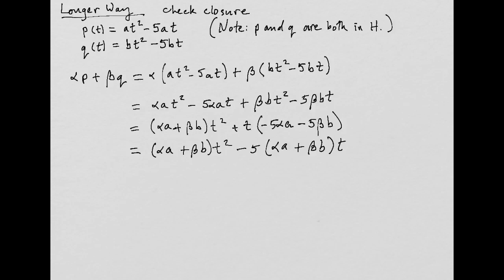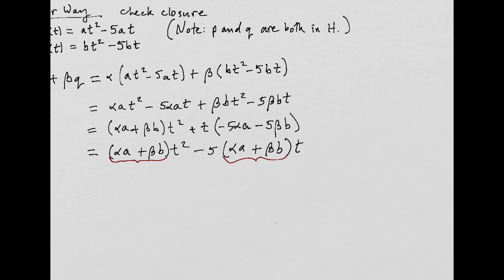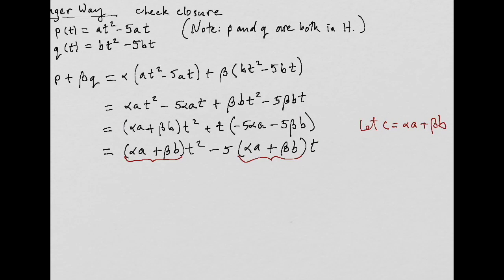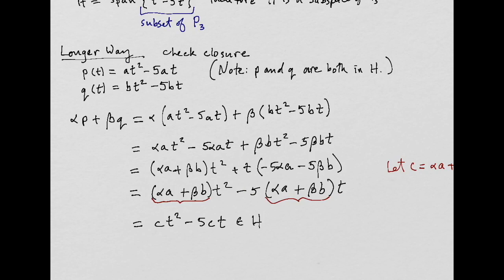And if we notice now, I've got alpha a plus beta b here and alpha a plus beta b here. So we could say let c equal alpha a plus beta b, and then replace that expression with c. So this would be c t squared minus 5ct.